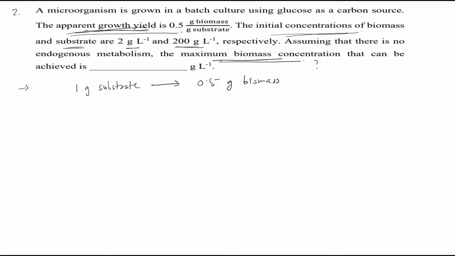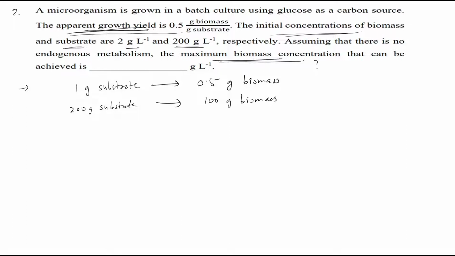In the question, the substrate is equal to 200 grams. So how much biomass will be produced with the help of 200 gram substrate? Obviously, it will be 100 gram biomass.